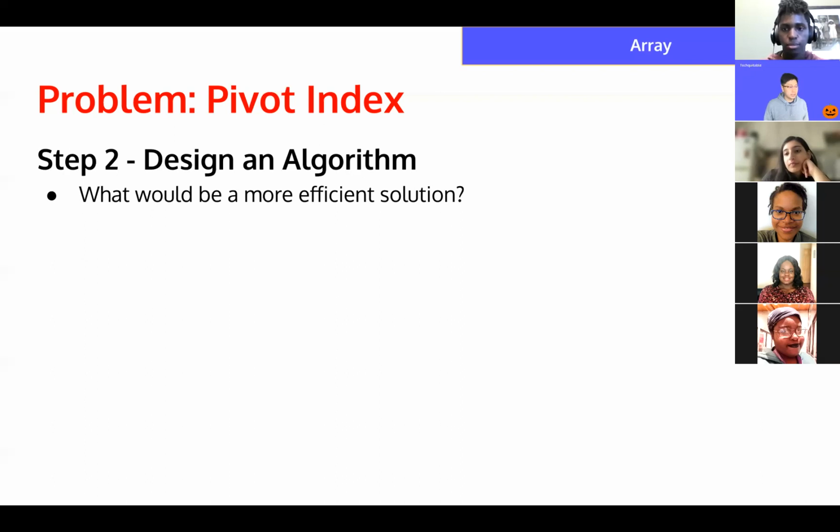Yeah, that actually sounds like a fantastic idea, because once we know what the total sum is, that would take basically a single pass against the array first. But in the second visit, we could just calculate the sum of the left, what we call the left sums, right? Basically the sum of all the elements to the left of the pivot index.